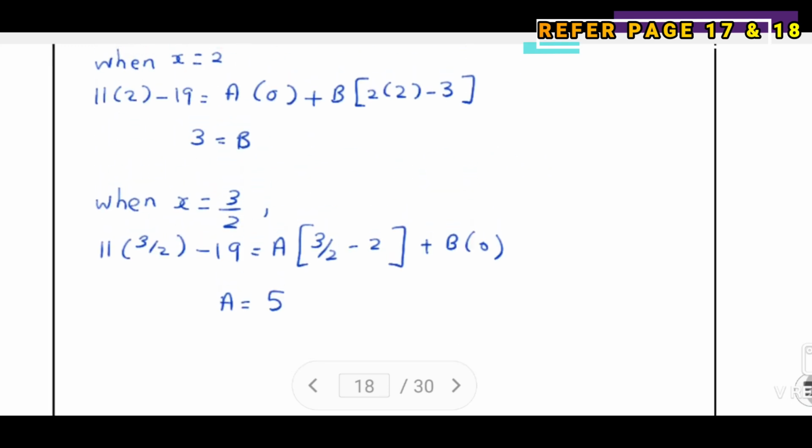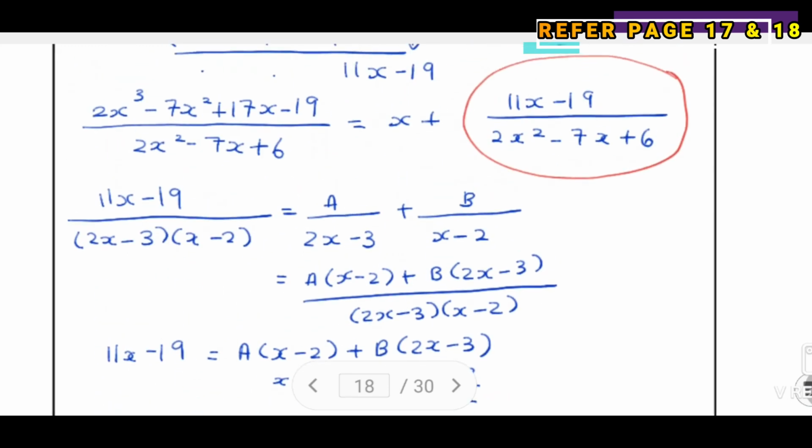So substitute A equals 5 and B equals 3 into the general partial fractions.